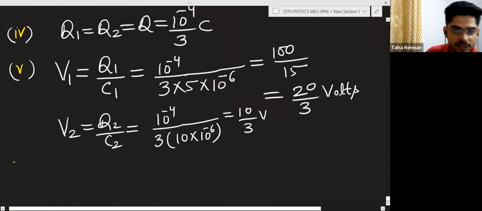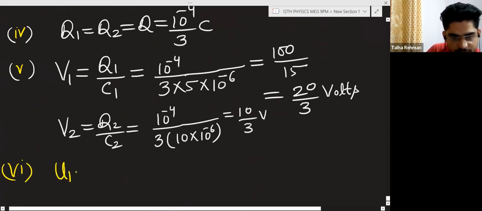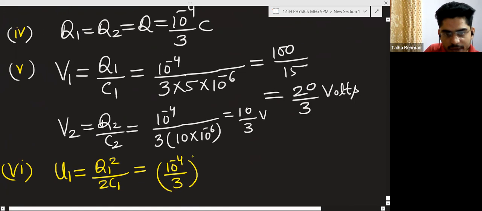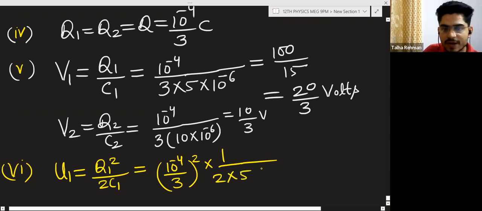Energy stored in each capacitor. Energy stored in one capacitor means Q1 square divided by 2 times C1. Simple. Q1 square is 10 to the power minus 4 divided by 3, whole square, into 1 upon 2 times C1, where C1 is 5 into 10 to the power minus 6.